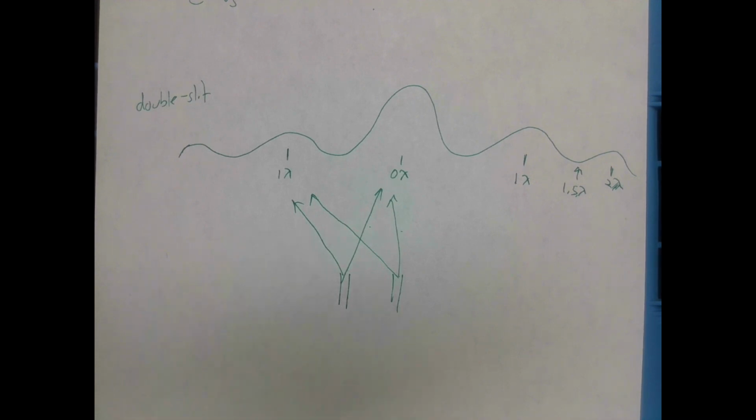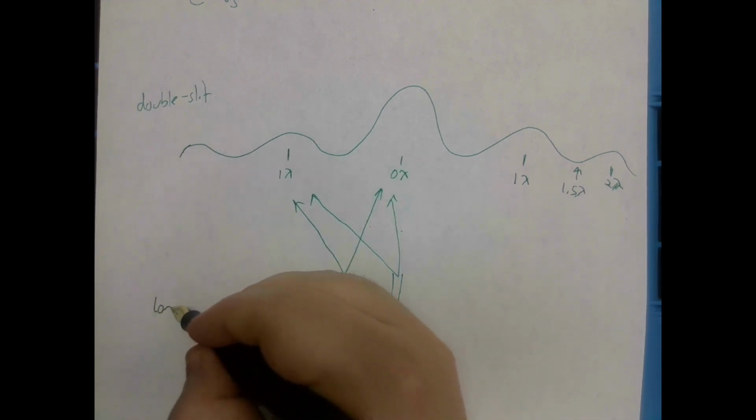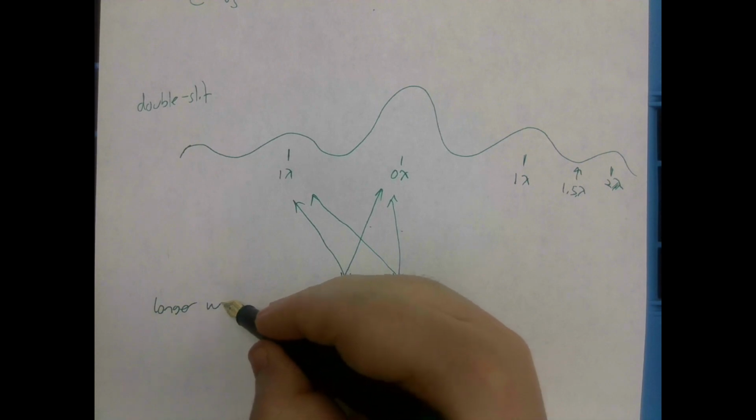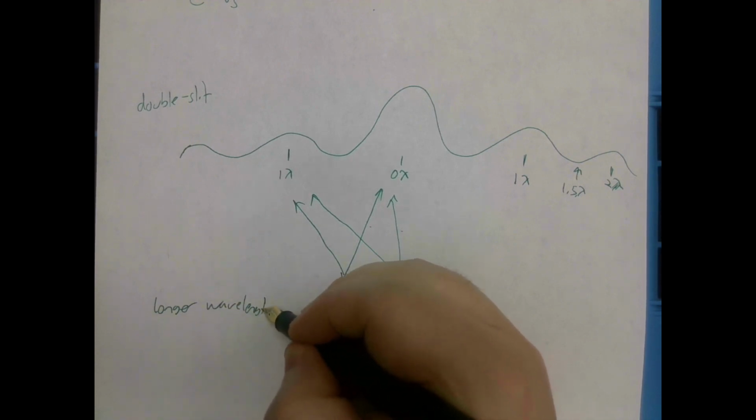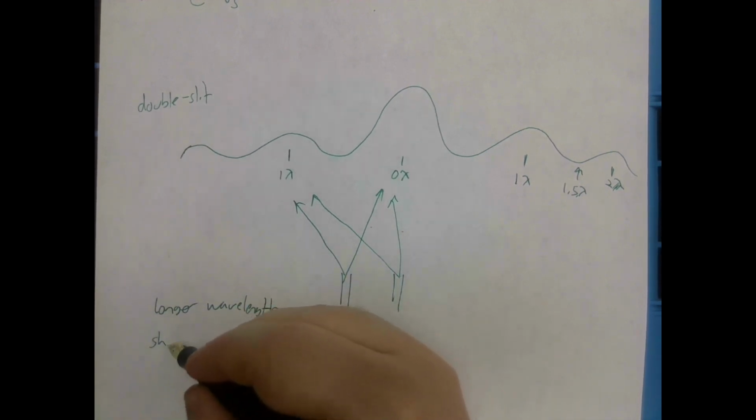Which do you think would give a better diffraction pattern? Having a longer wavelength or shorter wavelength?